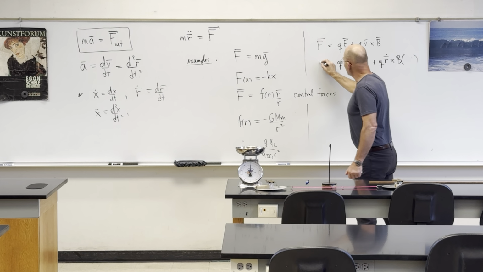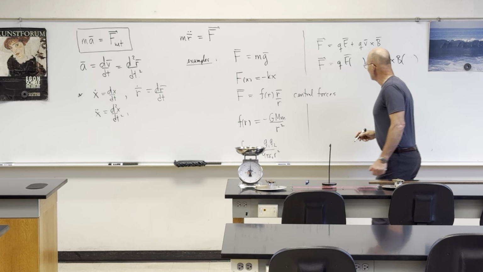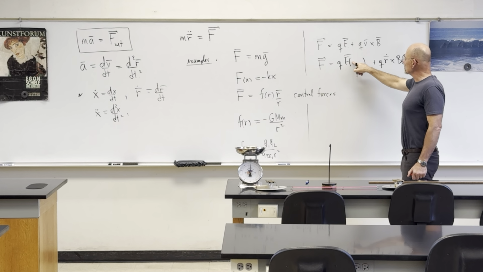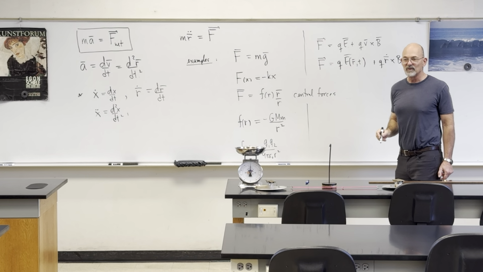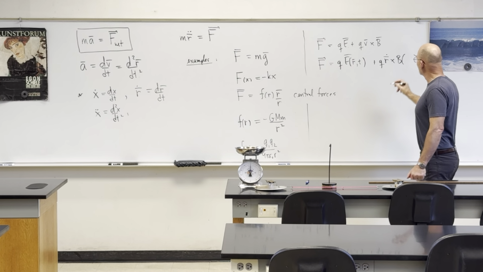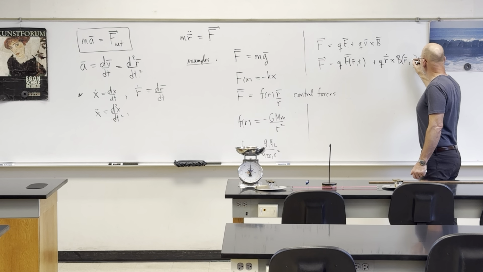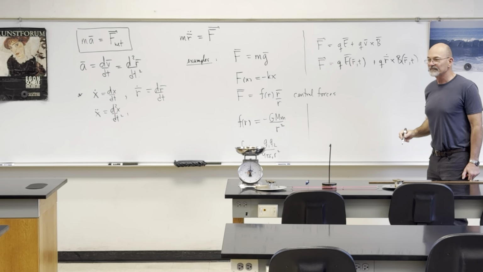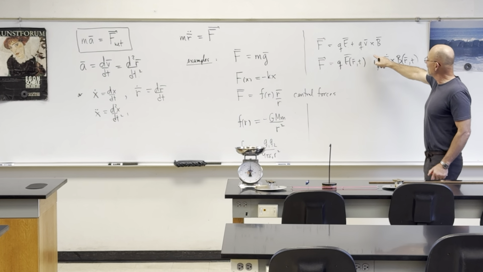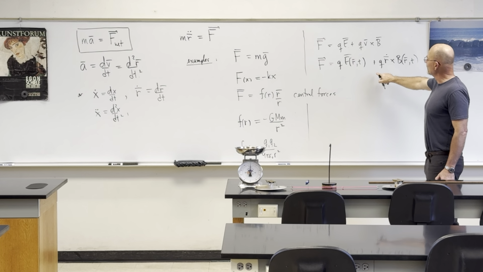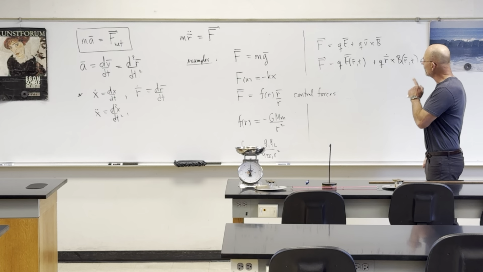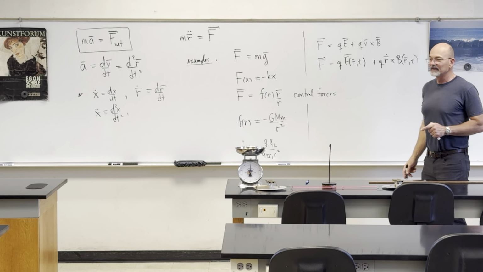Life could get really complicated if your electric field were to be a function of the position and the time, which it can be, right? And if your magnetic field were also to be a function of position and time. So this force that you guys are familiar with from electricity and magnetism actually shows the most general case.